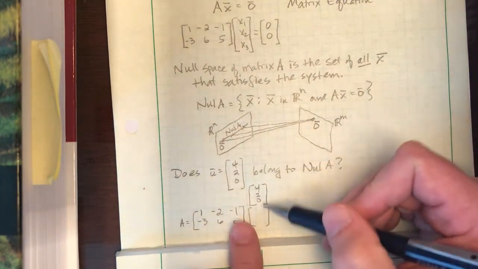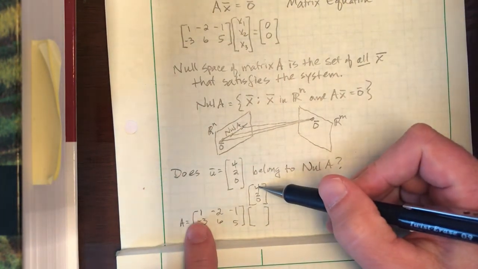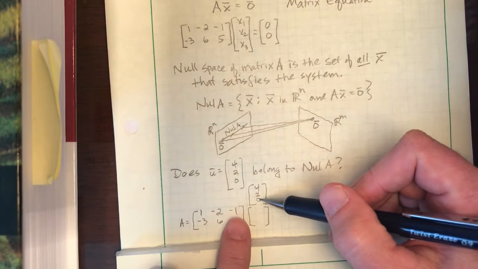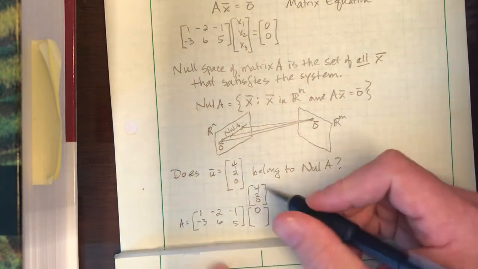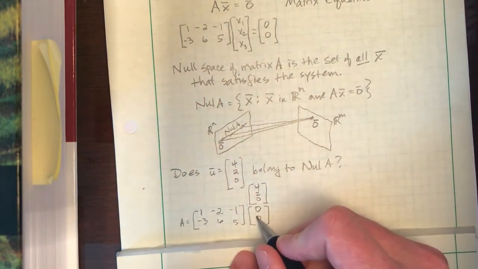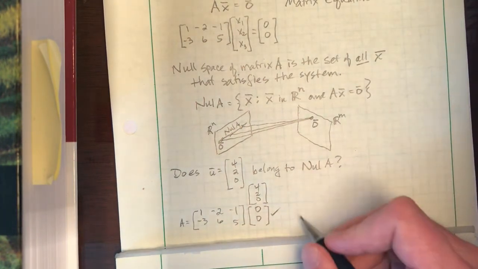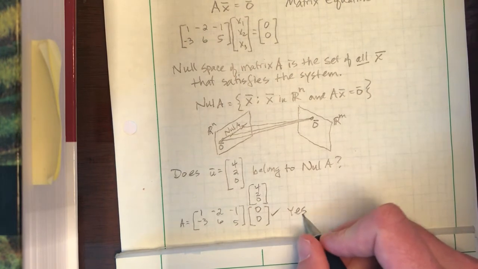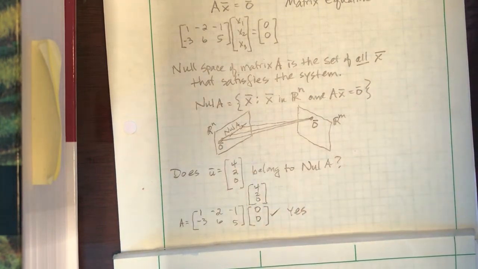So here we go, row times column. That would be 4 plus negative 4 plus 0, negative 12, positive 12 plus 0. Check. The answer is yes, 4, 2, 0 is in the null space.